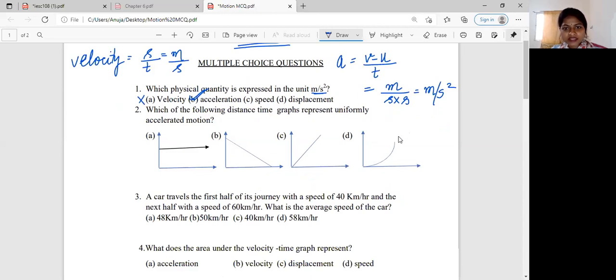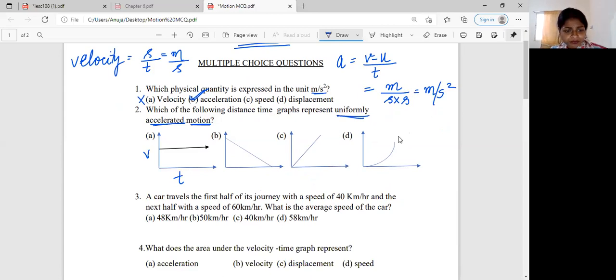Which of the following distance time graphs represent uniformly accelerated motion? We have to find out which graph represents uniformly accelerated motion. For representing acceleration, we need a velocity time graph. So all of these options must be velocity time graphs.